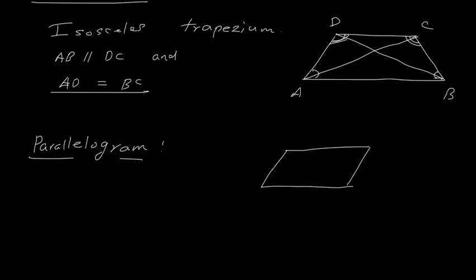So suppose this ABCD is a parallelogram, then AB is parallel to DC and AD is parallel to BC. So a quadrilateral is called a parallelogram if both pairs of opposite sides are parallel, that is, AB is parallel to DC and AD is parallel to BC.